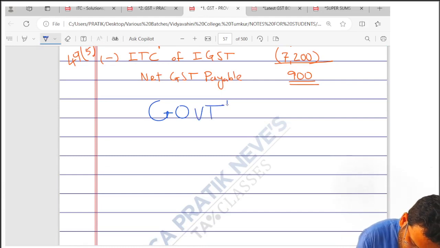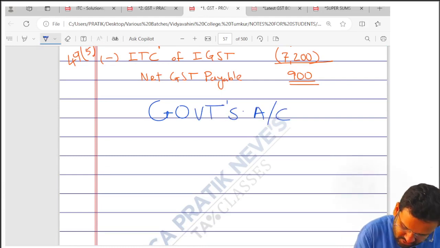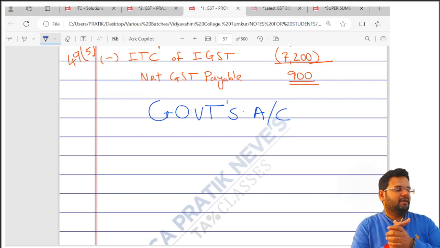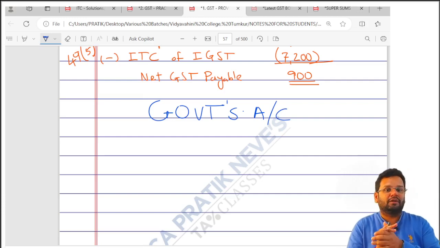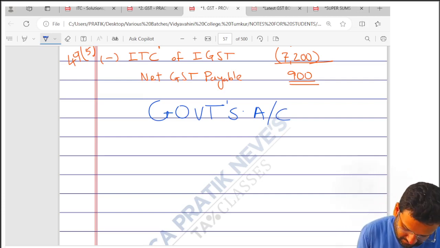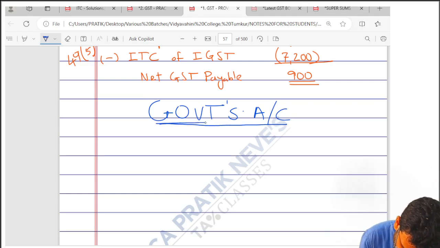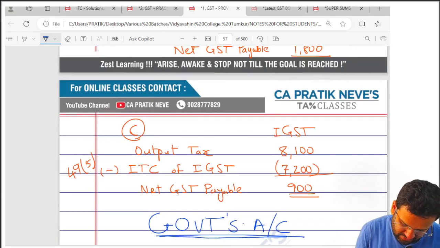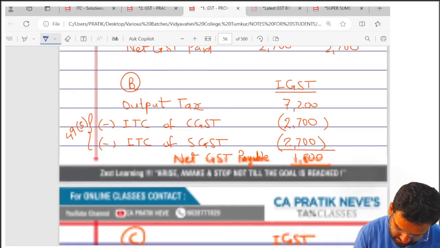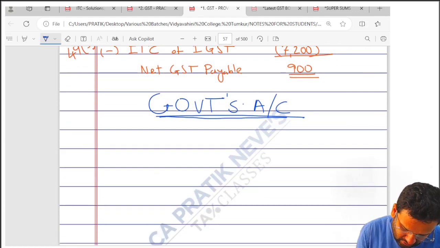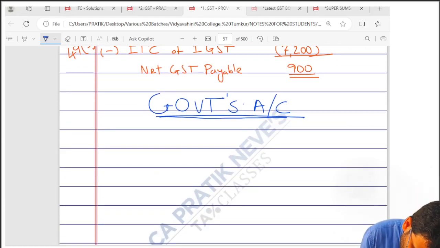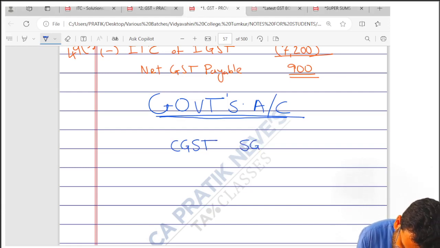Government accounts involved in this transaction. Can you tell me which government accounts are involved in this transaction? CGST. Government accounts involved are CGST, agreed, SGST, agreed, and IGST.